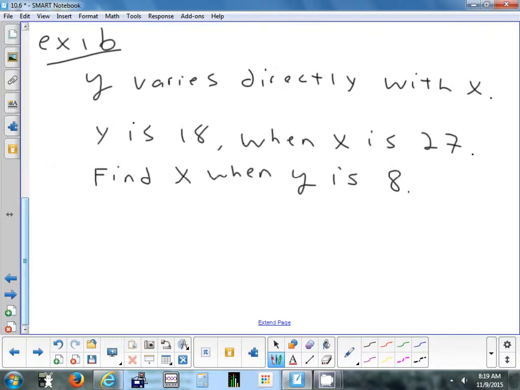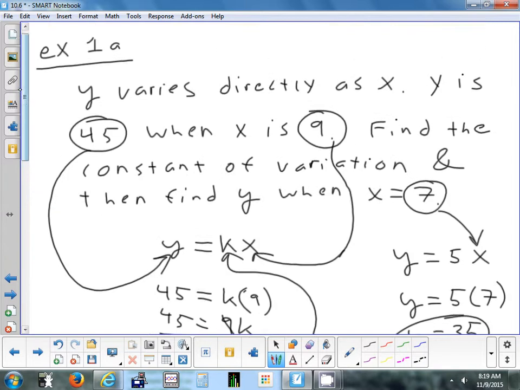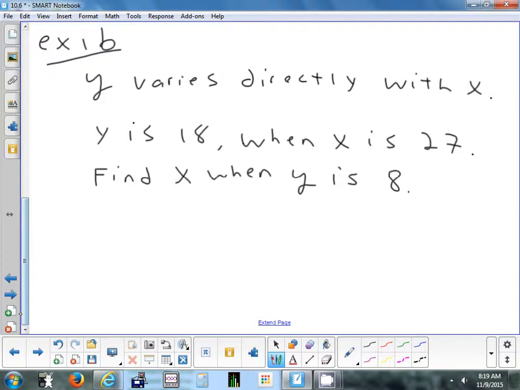Now, they're not guiding me through the problem as much. The first one they kind of said, find the constant of variation, and they led you through it. This one, they're not doing that. So your first step is to find the constant of variation, which, Ariana, is which letter? There's no k.